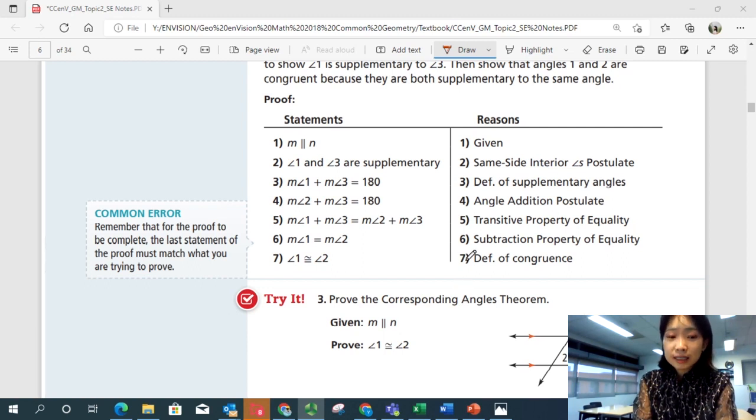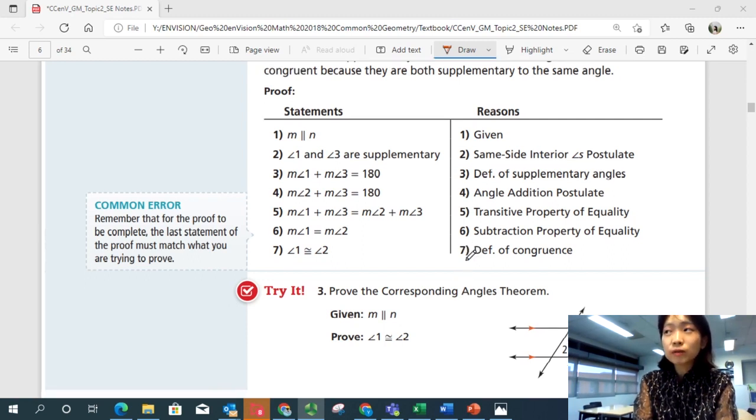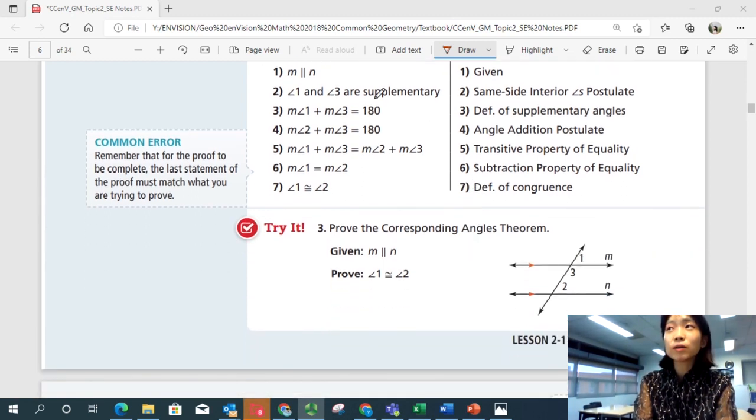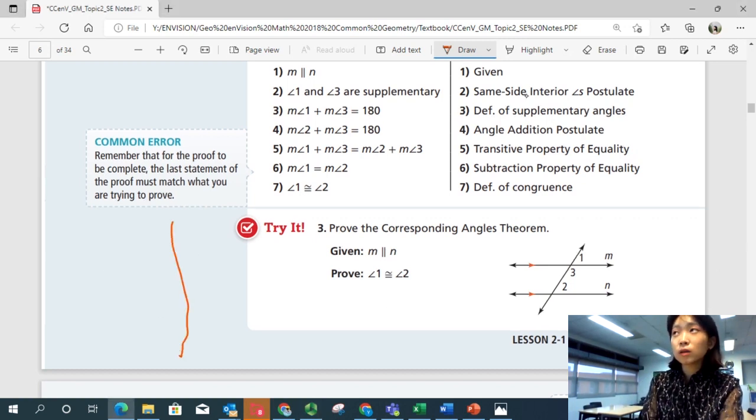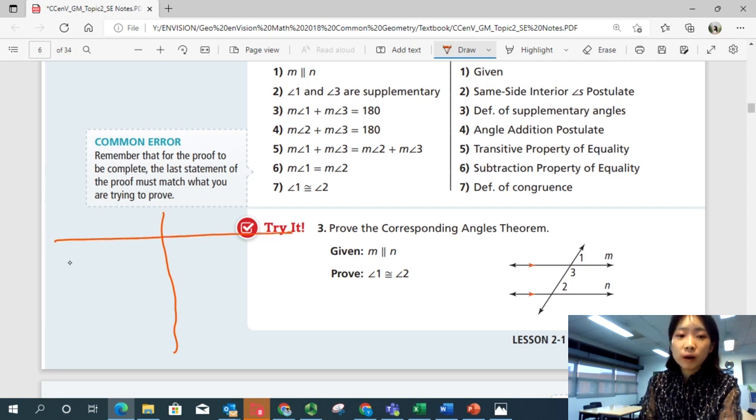All right. It doesn't have to be a 2 column proof. You can do a paragraph proof, right? You learned both of them. Okay, but you can start with the given statement.